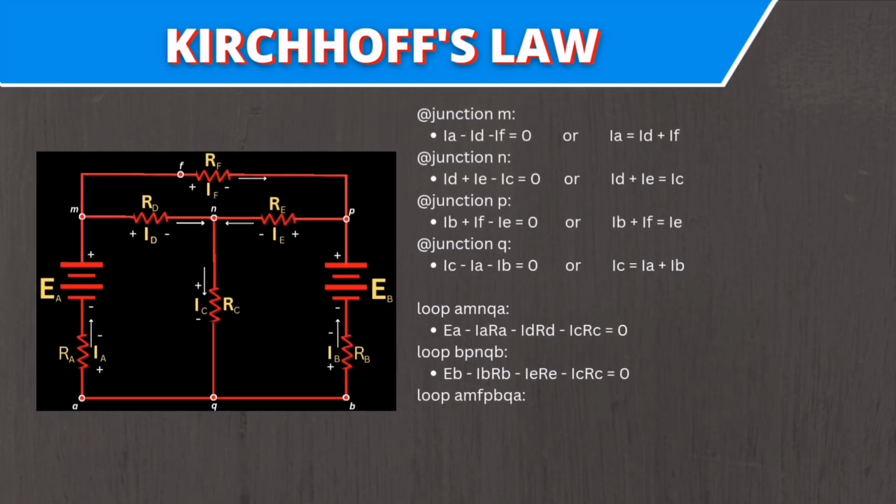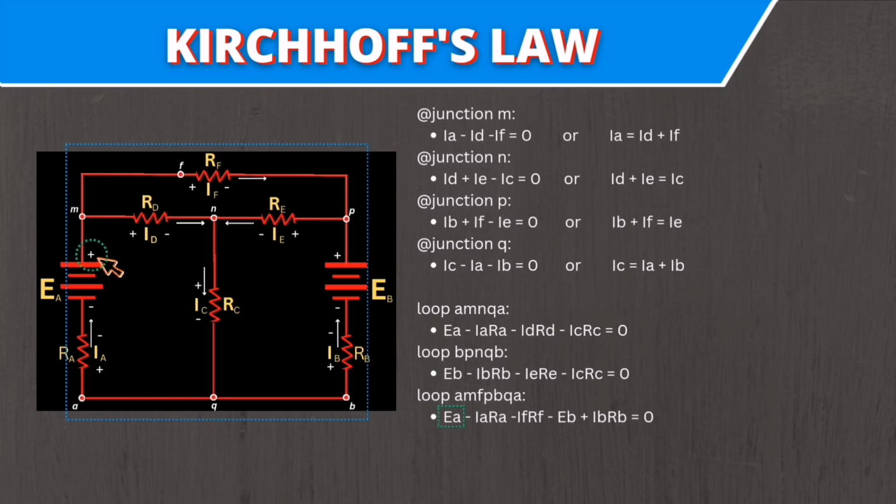For loop AMFPBQA, we have E sub a minus I sub a times R sub a minus I sub f times R sub f minus E sub b plus I sub b times R sub b equal to 0. In this loop, we just have to consider the ending polarity of EMF and voltage drops across the loop.